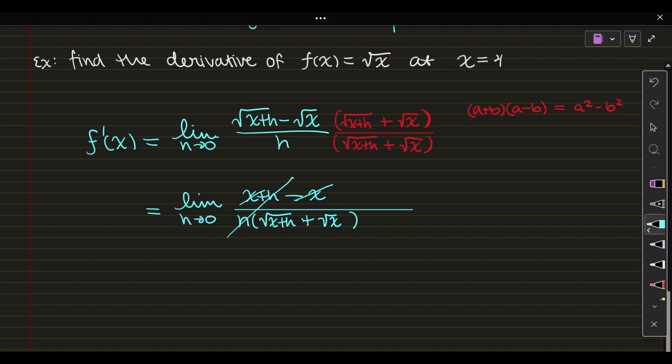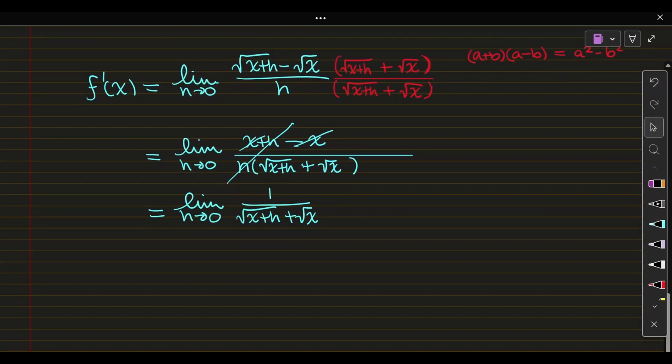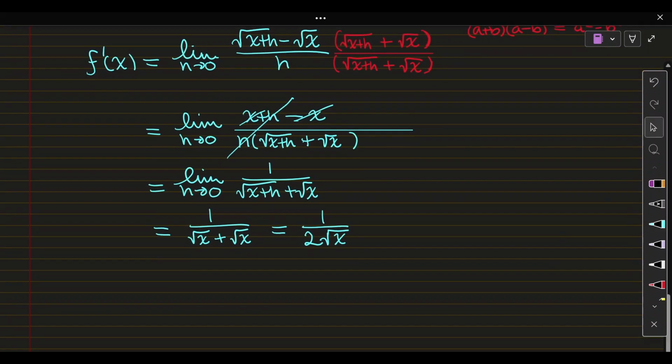These h's will cancel, and so now I'm left with the limit as h goes to 0 of 1 over the square root of x plus h plus the square root of x. Now I can easily take the limit as h goes to 0, and that's going to give me 1 over the square root of x plus the square root of x, which means the derivative of the square root of x is 1 over 2 square roots of x.